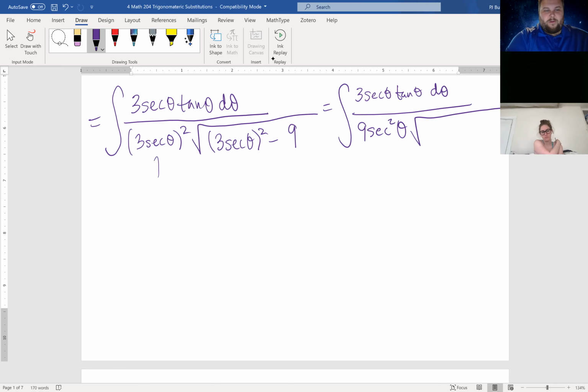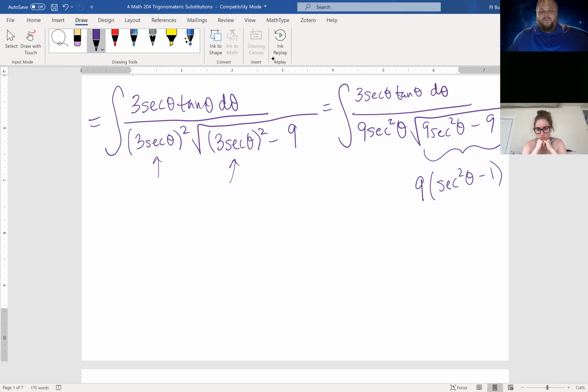So this term and this term are both going to be 9 secant squared. Right? And then, instead of rewriting the integral each time, under the radical here, I can factor out a 9, and that gives me secant squared minus 1.